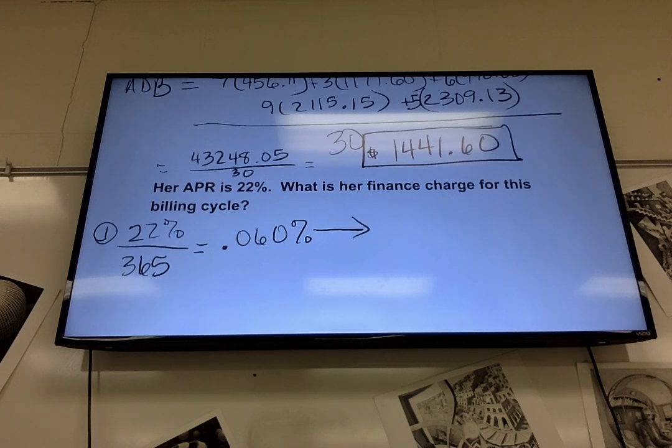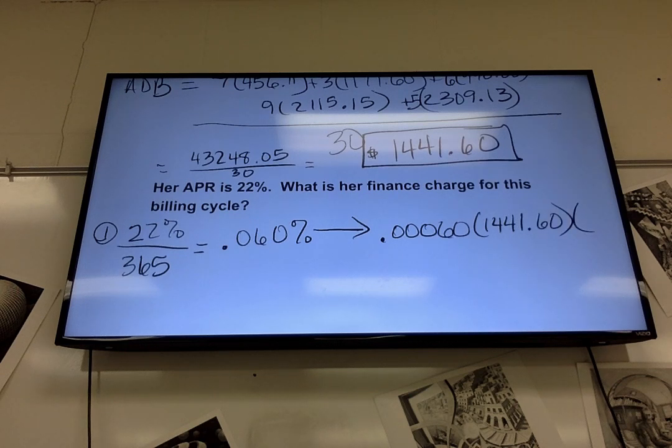And what is that as a decimal? I move the decimal 2 places to the left. Yeah, 0.00060. So that's the number that we multiply times the average daily balance.